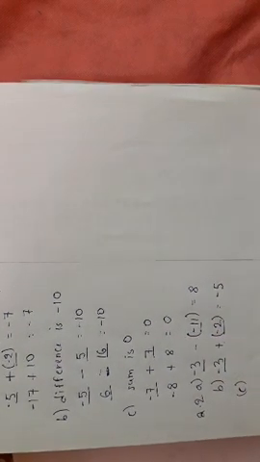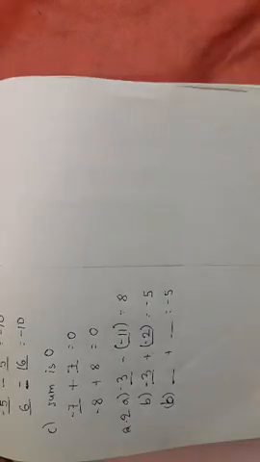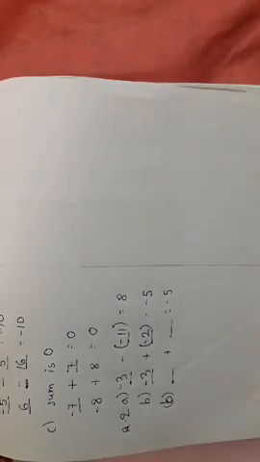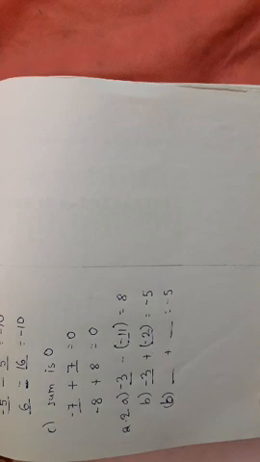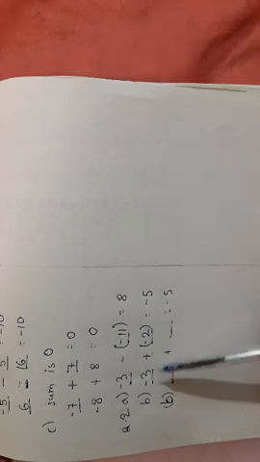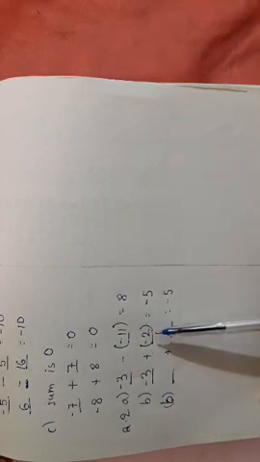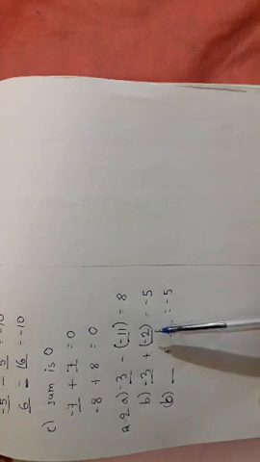Now the C question is: write a negative and a positive number. But over here there is one correction. The question asked to write a negative number and a positive number, but over here I had considered two negative numbers, so I would again consider a positive and a negative number.